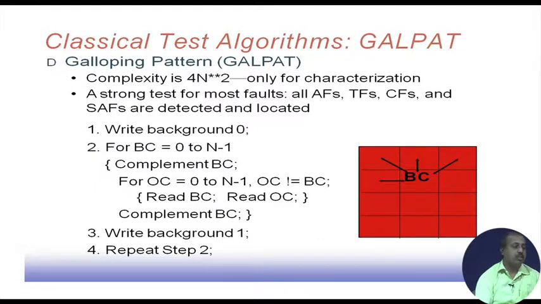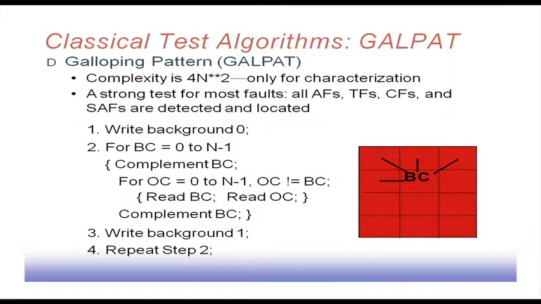It is 4n square. In some lecture we have seen that since the value of n is very large, any algorithm which is more than linear time is considered to be very costly. So 4n square is a really costly algorithm. That is why it is said that it is only used for characterization.